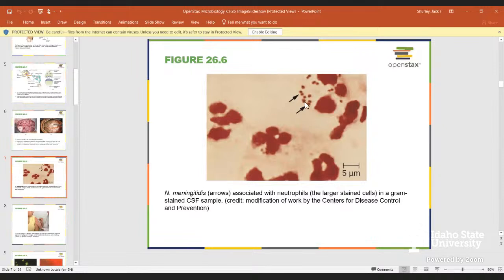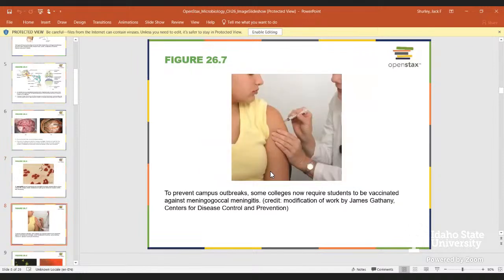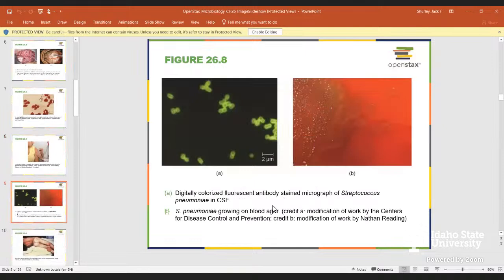We can see these and some white cells in that circumstance. There is a vaccine against meningococcal meningitis, and definitely something that should be on the radar. We think about close quarters, college dorms, and things like that that may set the stage to greater opportunities of transmission. So whether or not you did get a vaccine against it, something that maybe you should be thinking about.